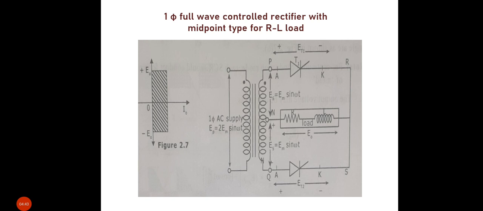Now I will discuss single phase full wave controlled rectifier with midpoint type for RL load. During the positive half cycle of the supply voltage, the polarities of terminals P and Q are shown in this figure.